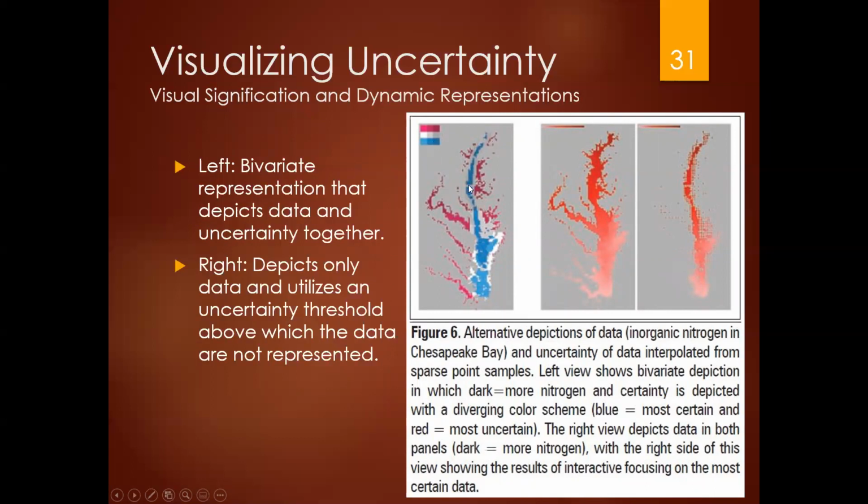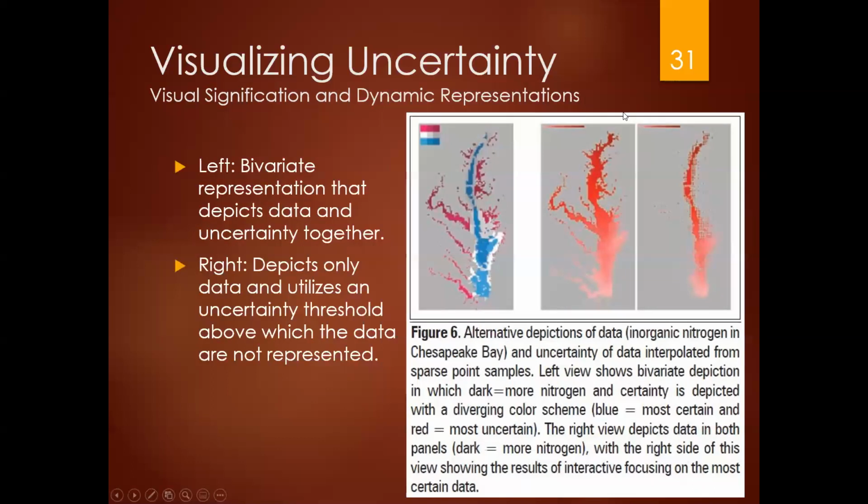If a pixel is blue, the uncertainty is pretty low and the data is reliable. If a pixel is red, the uncertainty is pretty high and the data there is unreliable. So this is using one map to show data and uncertainty simultaneously.